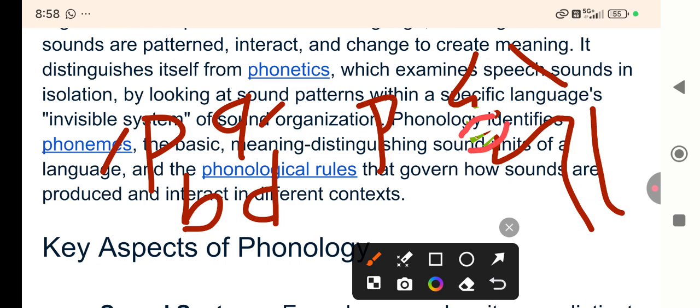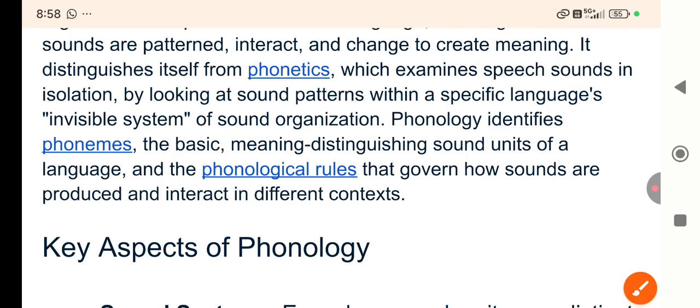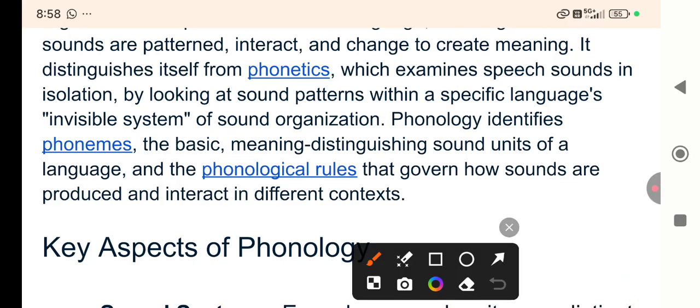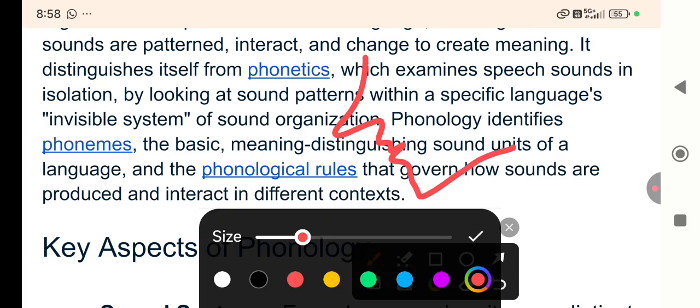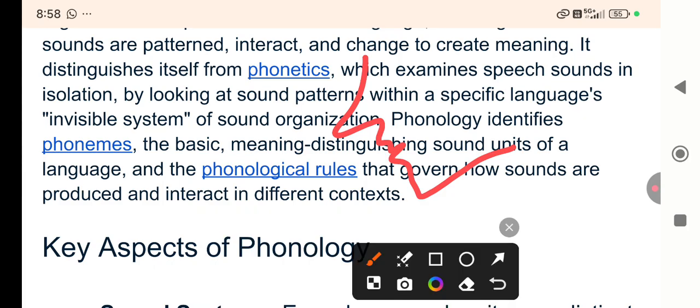Like this, right? When we say P and B. Sorry, in the case of B, what's the position? This lip is outside for B, right?